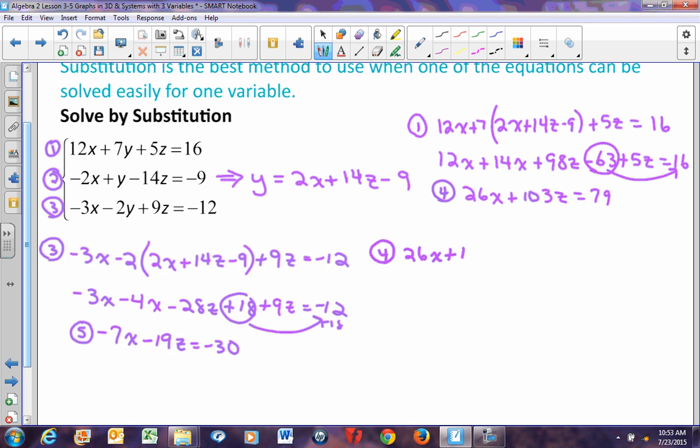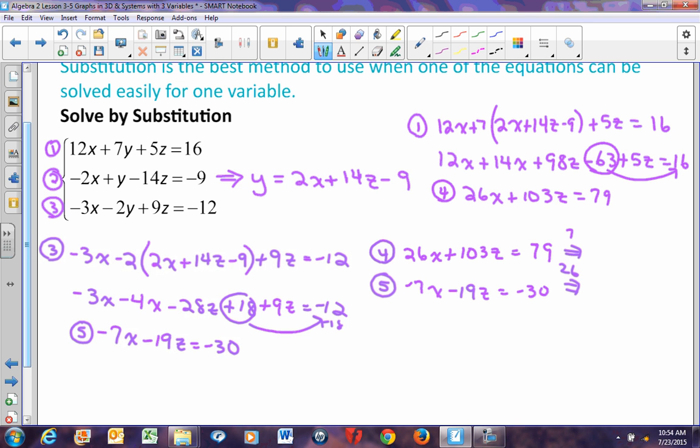Equation number 5 is negative 7x minus 19z equals negative 30. I have to eliminate something. I'm thinking it's probably easiest to eliminate x. So I'll multiply this top equation by 7 and this bottom equation by 26. I'm not going to try to find a common multiple. Just multiply them both by the opposites because it's easy.